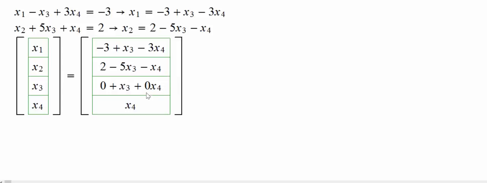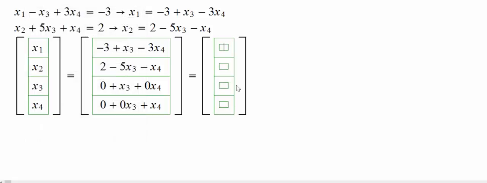There is no x4 term, so I wrote the coefficient as 0, just to help us write it down further. And here there is no x3 term, so I wrote this for you here. And then what will happen? We have this. So first we will write our constant terms. So we got negative 3, 2, 0 and 0.